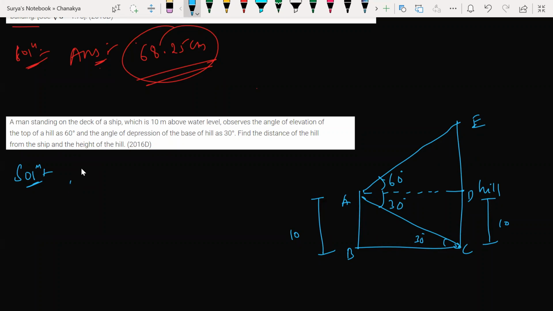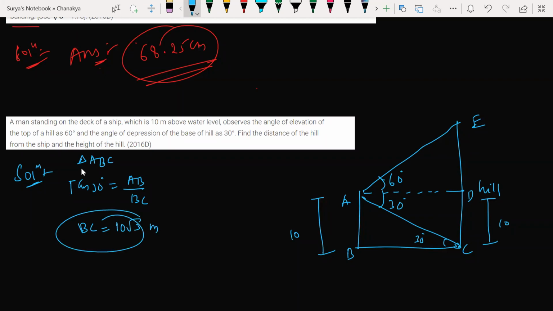What is tan 30 here? Tan 30 is equal to AB by BC, from the triangle ABC. So BC, how much do you get? AB is 10, so BC is 10 root 3.